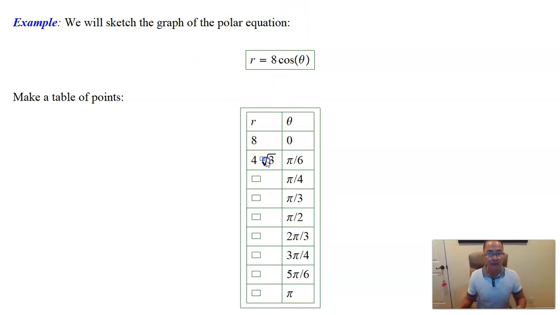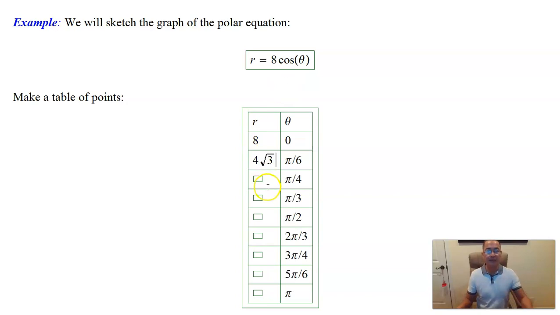Pi over 4: cosine is 1 over square root of 2, or square root of 2 over 2, so we have 4 square root of 2. Pi over 3: cosine is 1/2 times 8, you get 4. Pi over 2: cosine is 0, so 8 times 0 is 0.